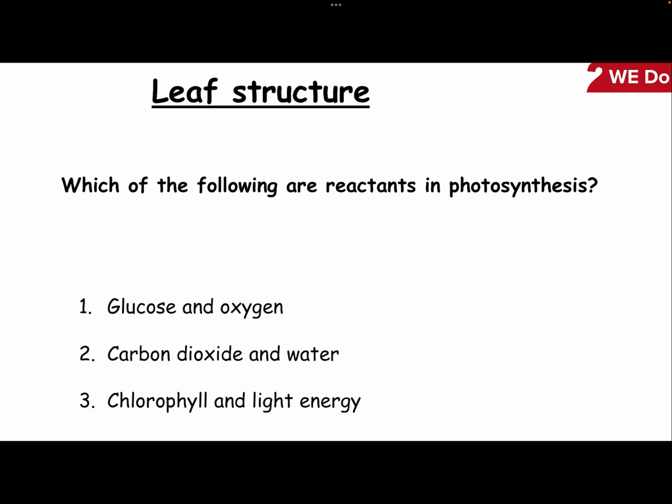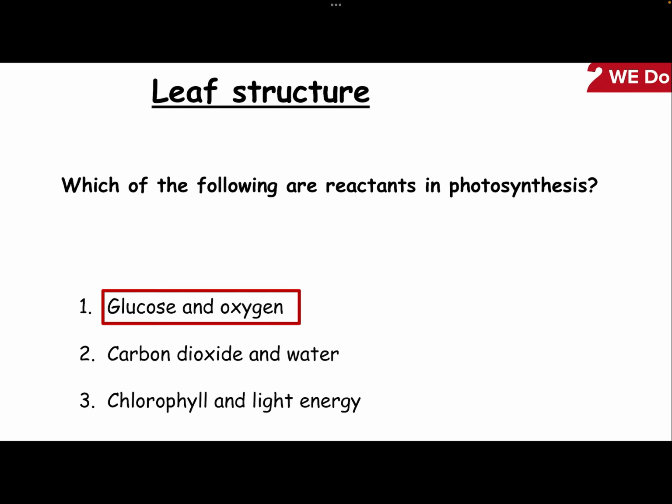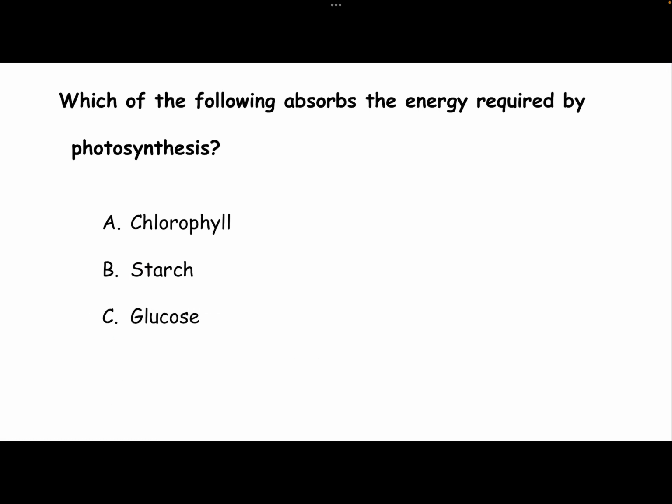Good. Okay. Leaf structure. Which of the following are reactants in photosynthesis? Okay, so I've done that already. Reactants. Yes, my animation's going crazy.